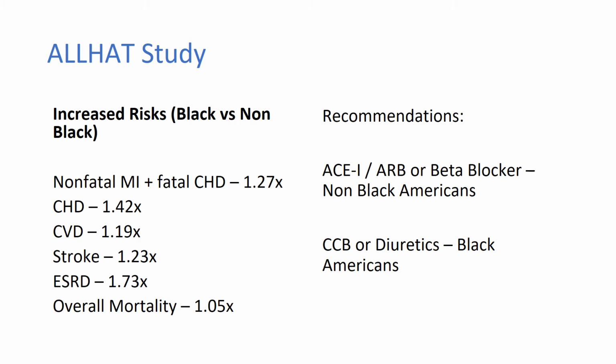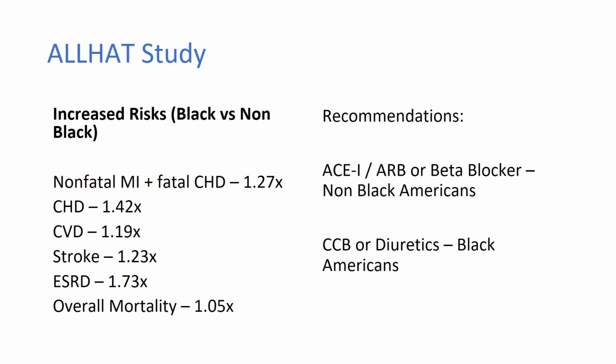But it was also noted that diuretics should be the drug of choice for initial treatment for hypertension overall, but especially for Black adults. And then when cardiovascular disease was present, diuretics and calcium channel blockers are recommended over ACE inhibitors. So Black patients have the recommendation for calcium channel blockers over ACE inhibitors, but they also saw a high risk of stroke with those ACE inhibitors compared to diuretics.